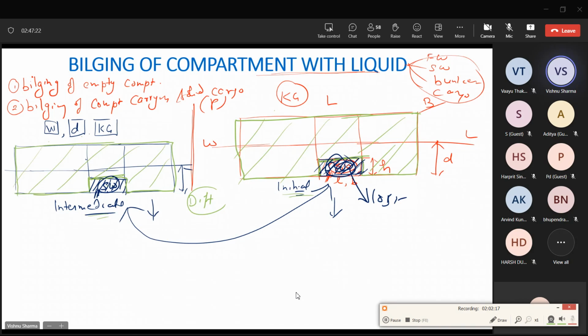Then I forget the initial condition, I bilge the intermediate condition, which is empty, and you already know how to bilge an empty compartment, right? And whatever will be the stability of that ship will be the stability of the vessel with liquid having got bilged. Yes or no? Yes, sir.